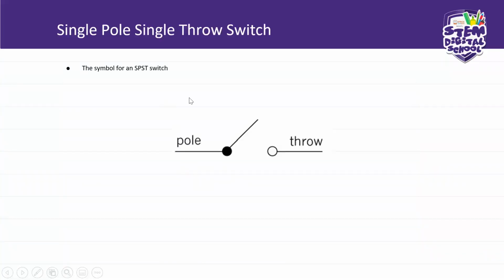So we have a single pole, single throw switch. This is how we draw it. So this is what you find in the circuits that we have been showing in the other slides. It's a single pole, single throw switch.